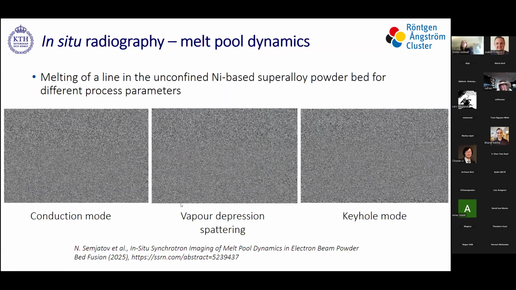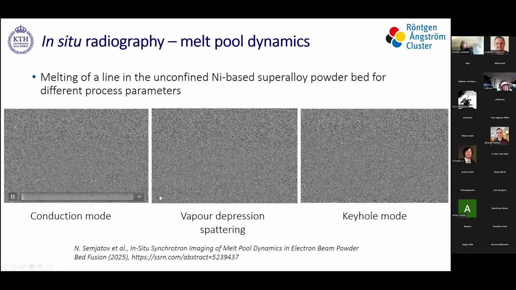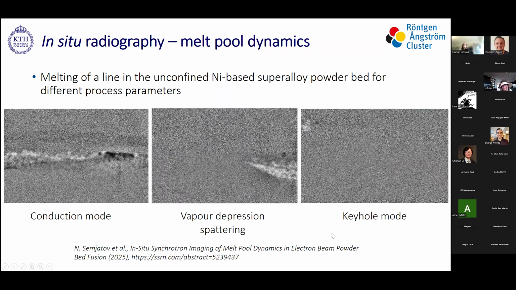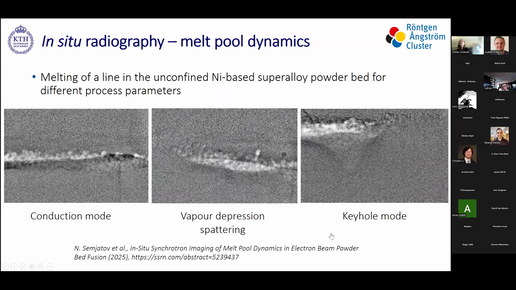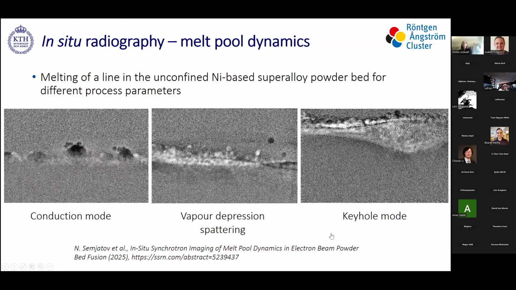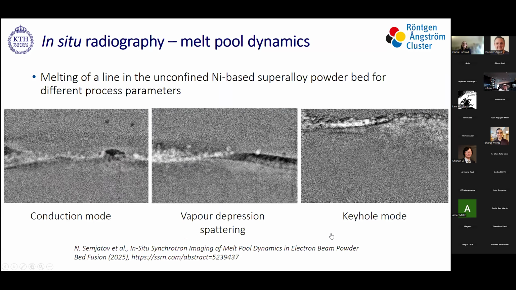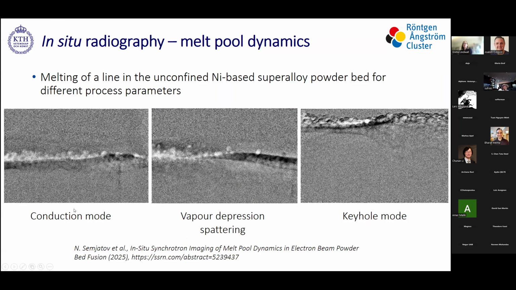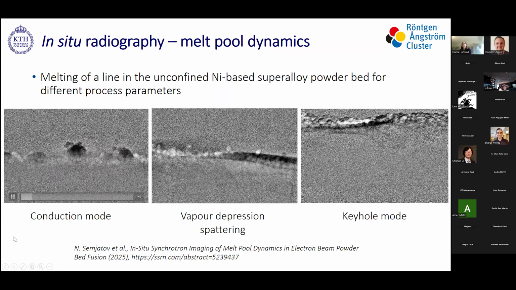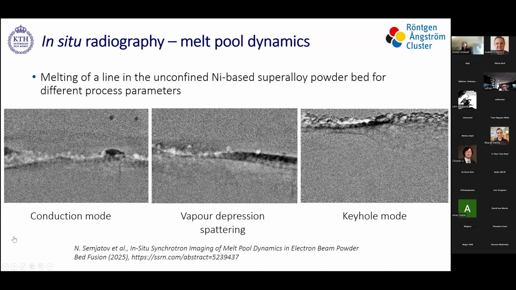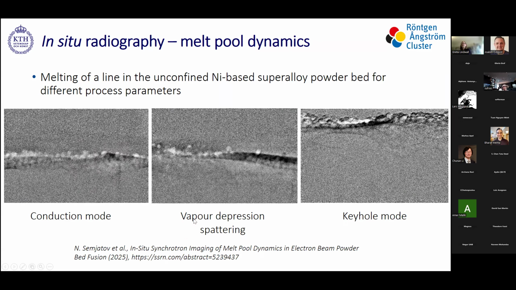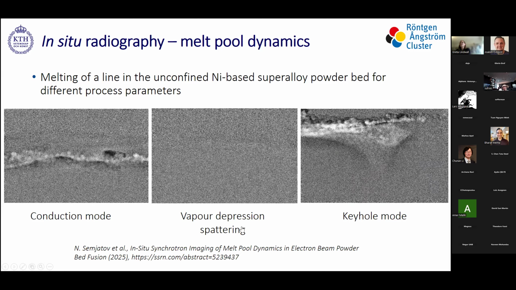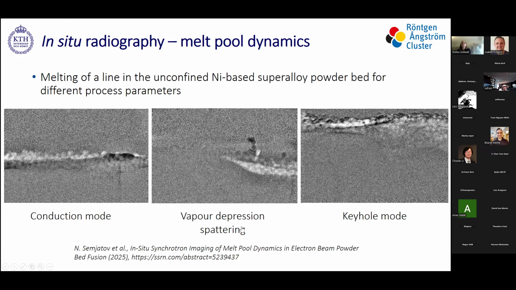And here are some examples for a nickel-based alloy, which Nick Semjatov in Erlangen is working with. Here is the melt pool, and how it varies depending on the process conditions. In the first part here, it's pure conduction melting of the powder, so no vapor depression. In the second one, you have this vapor depression during the melting of the powder.